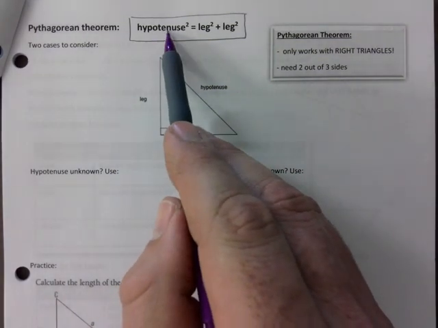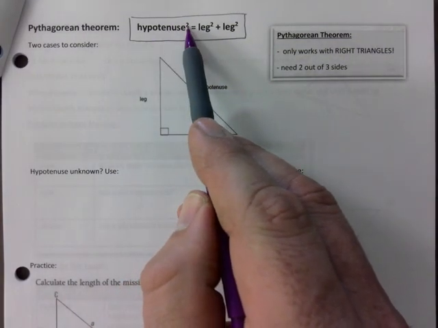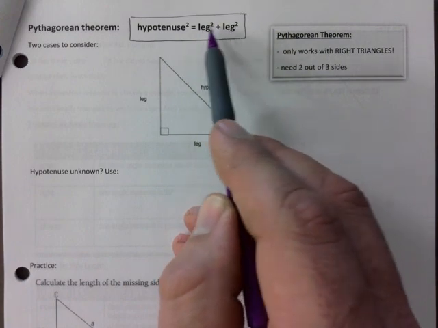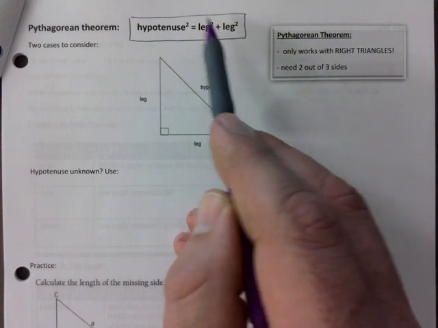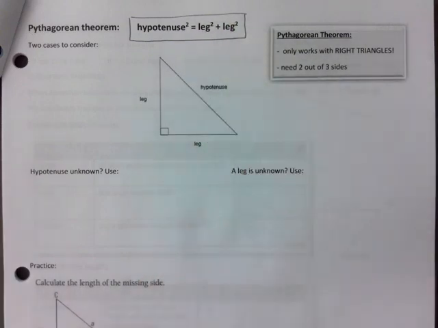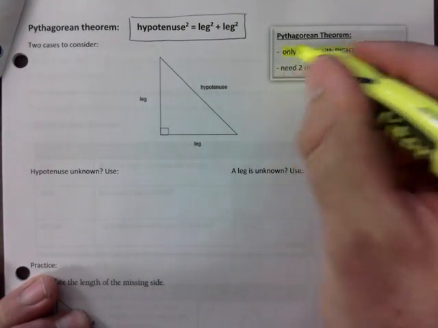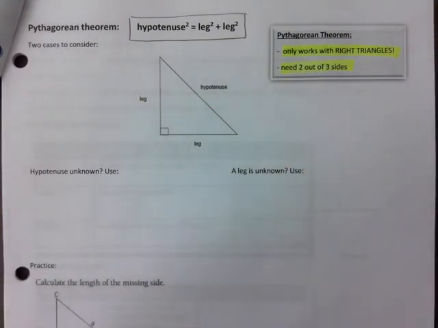That if you took the hypotenuse of a triangle and square it, and then you grab the other legs that make it, right? That meet at a 90, and you square both of them and add it up, you get the same answer. Okay, that was his hypothesis, right? It only works with right triangles, and you need 2 out of 3 sides for this to work.